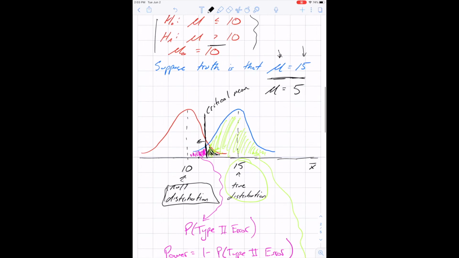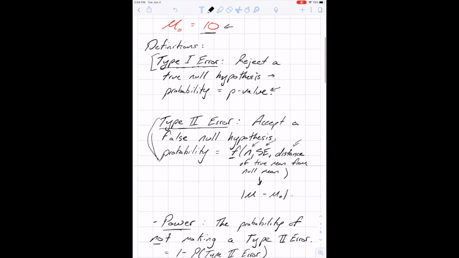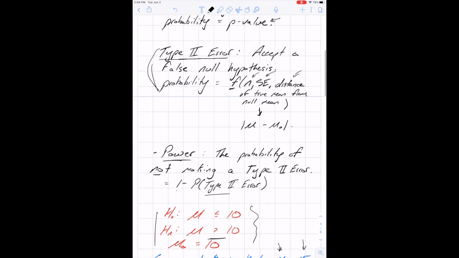Then our true distribution would be over here somewhere. And that's going to affect how we're looking at these numbers. Because remember, in Excel, the formulas always give us the area to the left. So we need to think about that issue when we're doing any types of problems related to type 2 errors or power. And so I'll do an example of this when we get into Excel in a second.